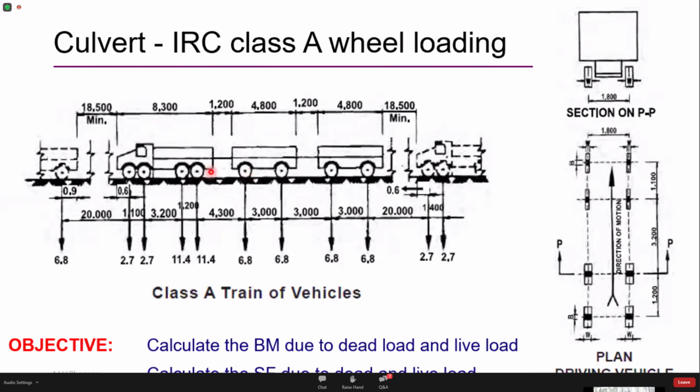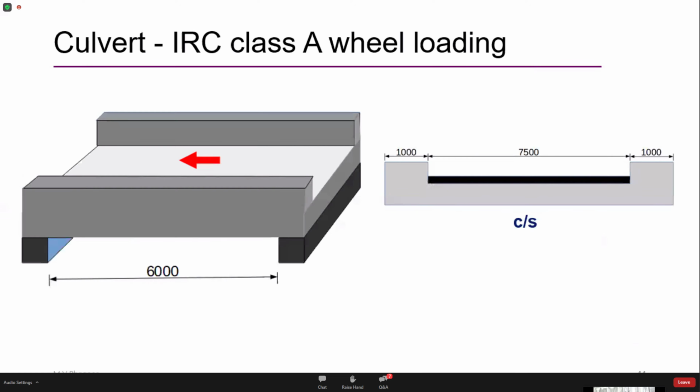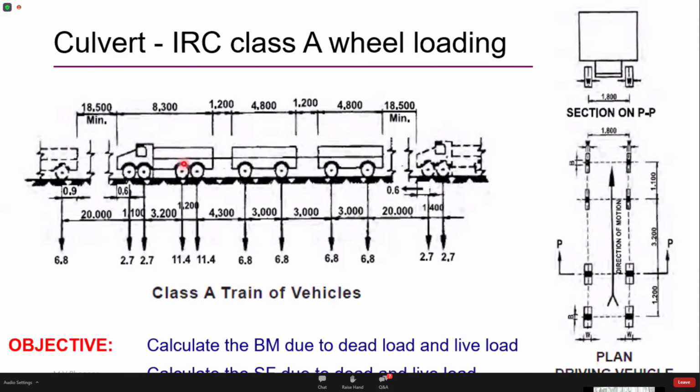We also need to understand that the total length of this vehicle is 8.3 meters, and the total length of our culvert is just 6 meters. It is not possible for me to accommodate the entire length of this vehicle on this deck slab.